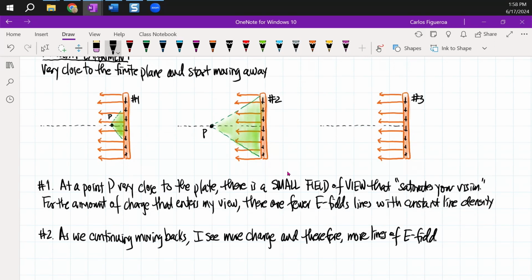It contains more charge, but I also get more E field, but the field doesn't decrease because I've increased my charge.